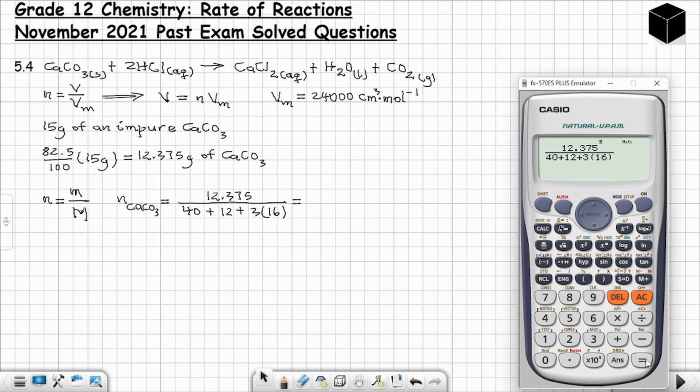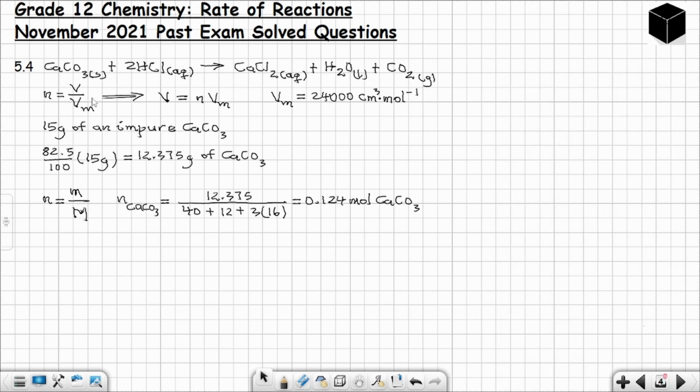I hope you can see that. And this is equal to 0.124 mole of calcium carbonate. If you write the answer to 3 decimal places, it will be 0.124 mole of calcium carbonate.